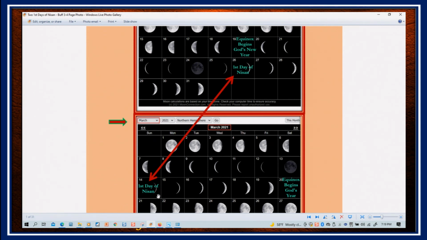And as we move down here, we've got another first day of Nisan, what? In the year 2020, right? Because 2021 doesn't start until the vernal equinox arrives. So now we've got what? Two first days of Nisan in the year 2020. And that creates another serious problem, friends. That leaves the entire year of 2021 without any first day of Nisan at all. How about that?